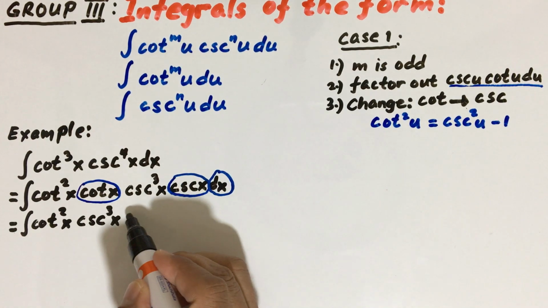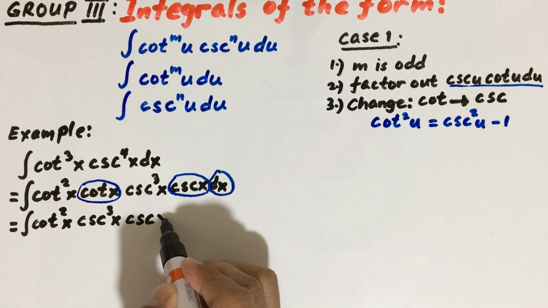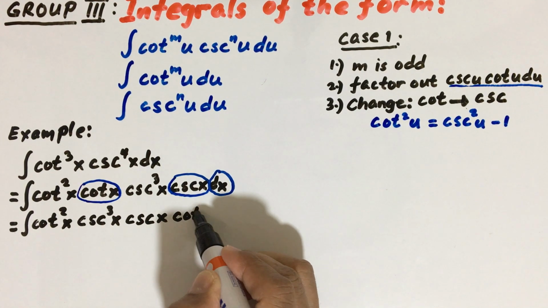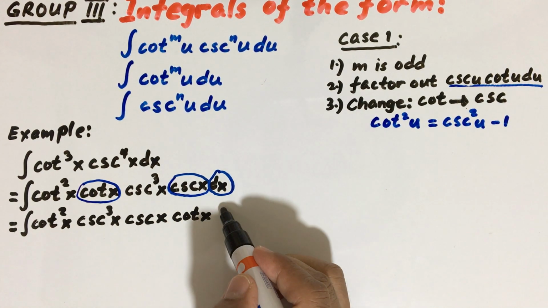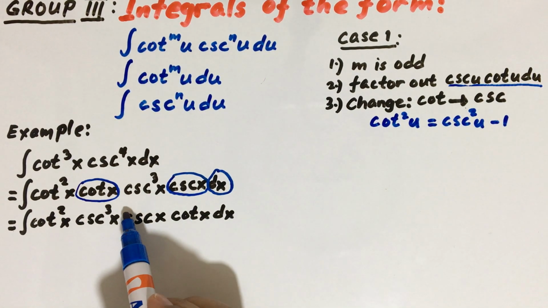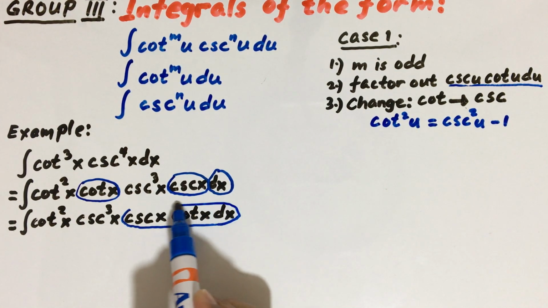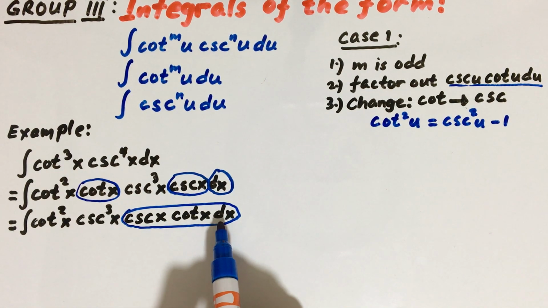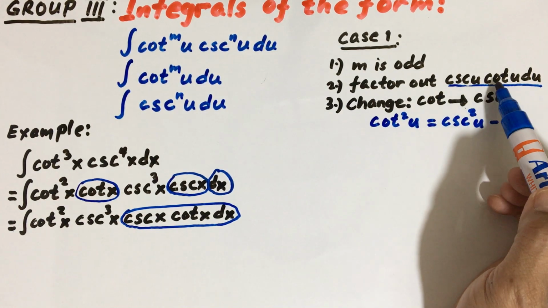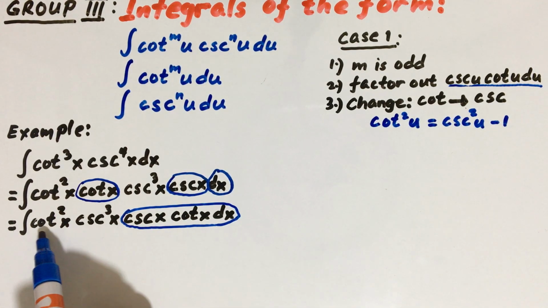So we are now isolating the cosecant x cotangent x dx, so that we can focus now on the other factors.